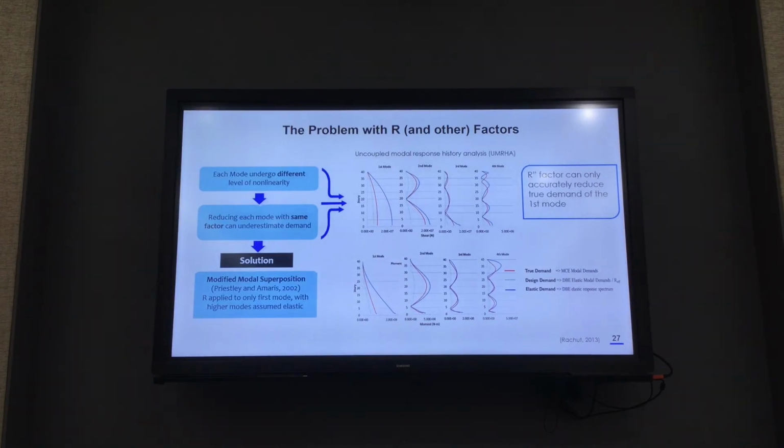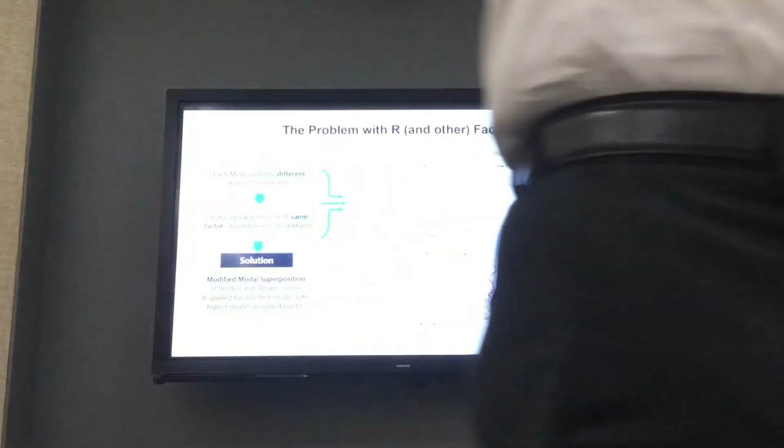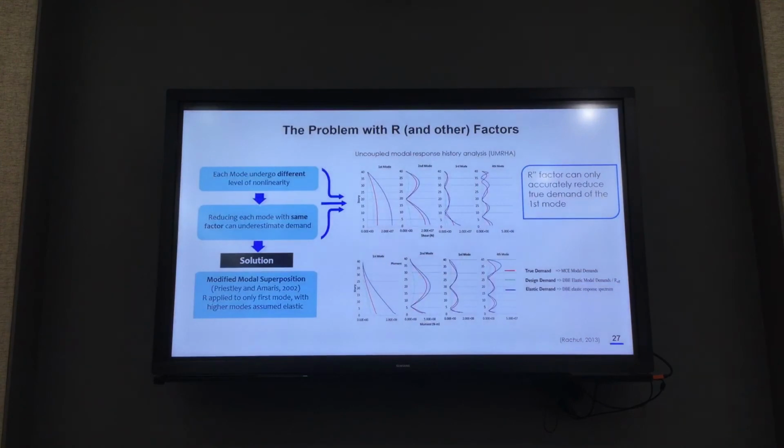Okay, hold on to that one. Wait. What will happen? Overturning moment. Yeah, you are getting a little bit close. What will happen? I want the exact answer. Shear and bending capacity.